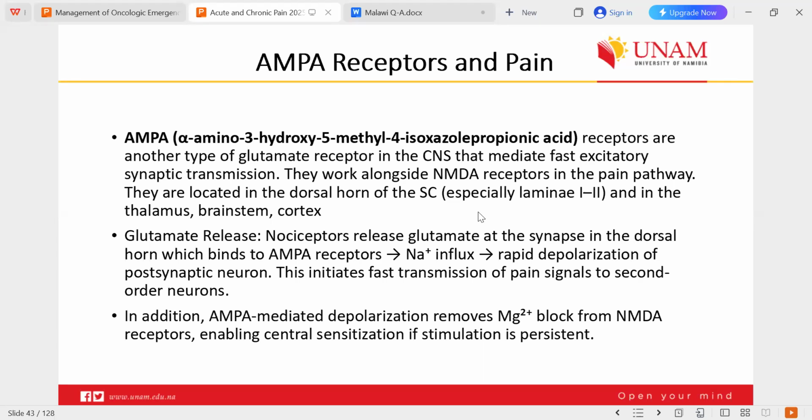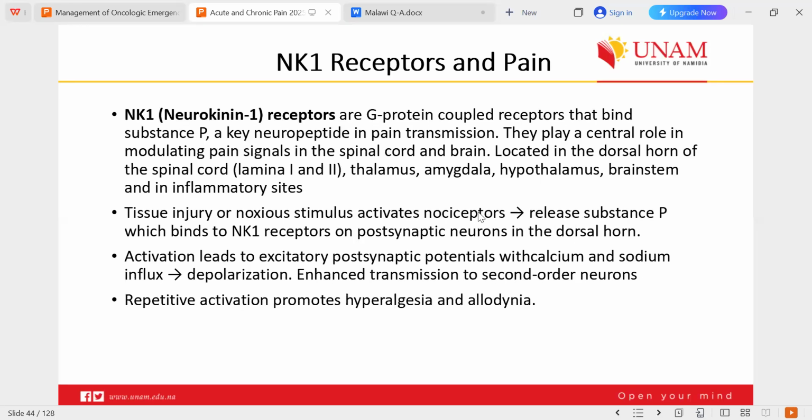What it does is this: the depolarization mediated by it, apart from leading to sodium inflow, helps to remove the magnesium ion blockage from NMDA receptors, enhancing the activities of your NMDA receptors, enabling central sensitization as stimulation persists.